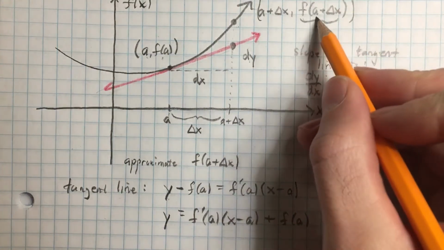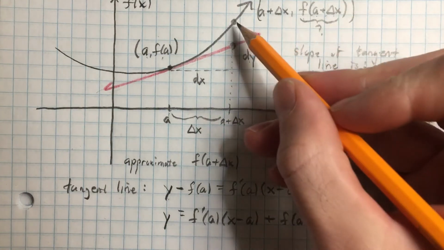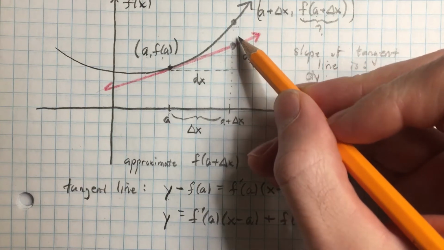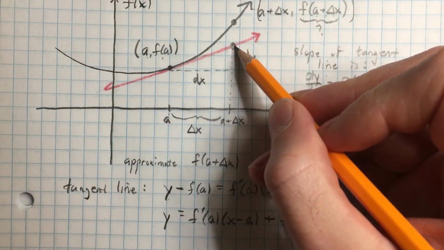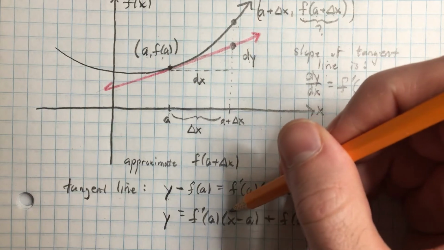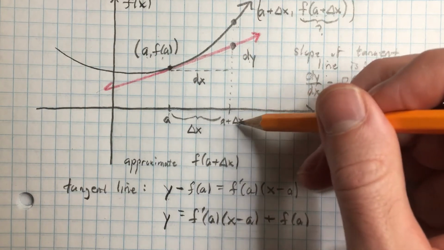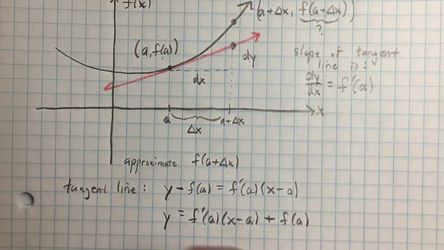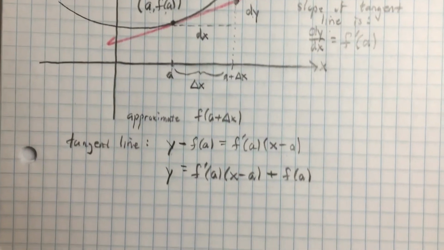So f of a plus delta x, which is this height here, can be closely approximated by the value on the tangent line at the same location, a plus delta x. So we should be able to write this up a little bit here.